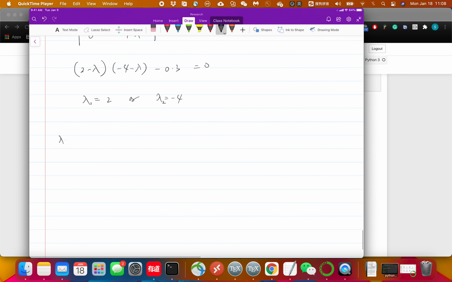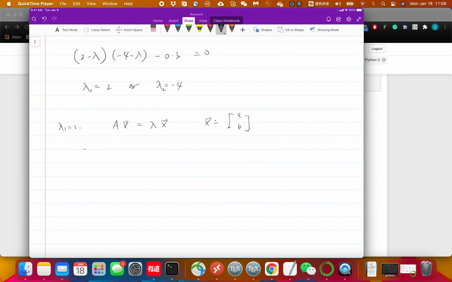So lambda 1 equals 2, which means Ax equals lambda x. We want to find x. Let's assign it to be (a, b). Then [2, 3; 0, negative 4] times (a, b) equals lambda, which you already know, 2 times (a, b), which is (2a, 2b).